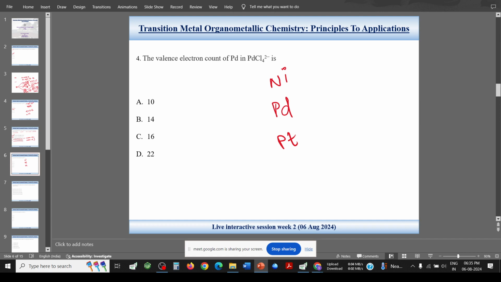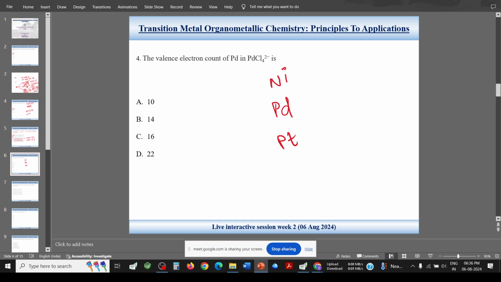Do you have the periodic table? Please see it, and you should at least remember the periodic table for transition metals, p block and s block. F block is not required for now because we are not discussing anything from f block elements. But the s block, p block and transition metals we need to remember. So this is the palladium and nickel group: nickel, palladium, platinum.